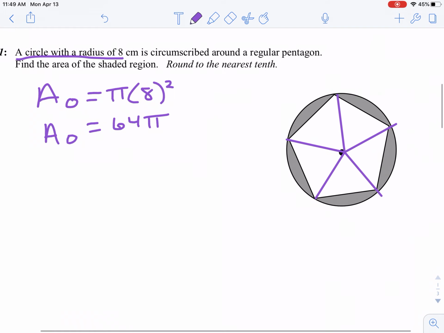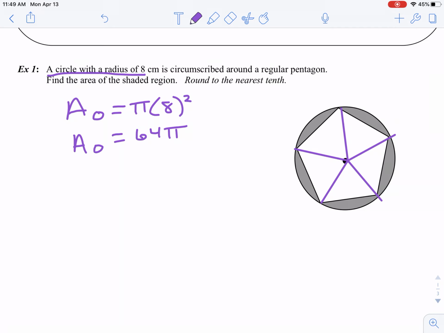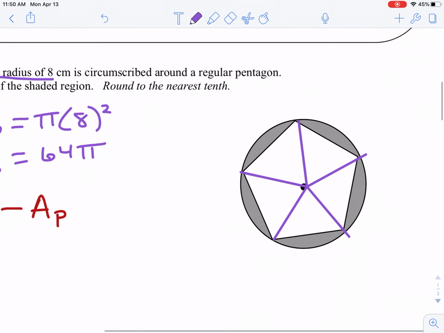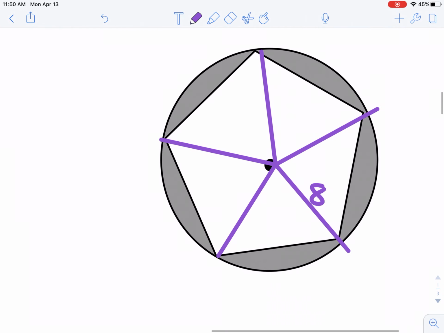Now it says that it's circumscribed around a regular pentagon, and we want to find the shaded region. So in order to do that, we're going to have to subtract the area of the circle minus the area of the pentagon. So to find that pentagon, I'm going to label this radius as 8, and I'm going to draw my apothem.